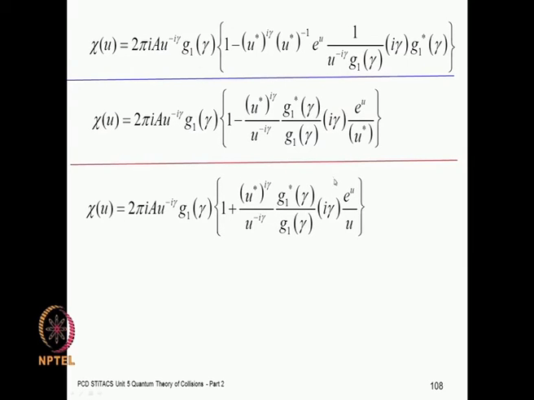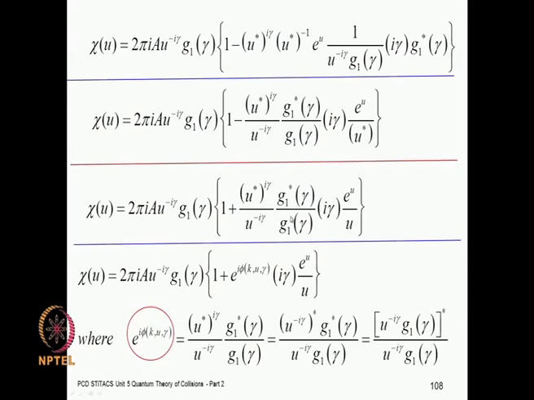And we continue this simple manipulation of these terms, and now you write this in terms of a ratio of g1 star over g1 and this ratio of the u star and u, and you write this ratio in terms of a phase factor because it is some complex number which you write as a phase e to the i phi. So e to the i phi is nothing but this phase factor.